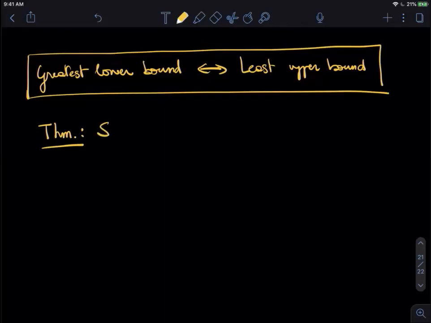So let's say that S is an ordered set that has the least upper bound property.